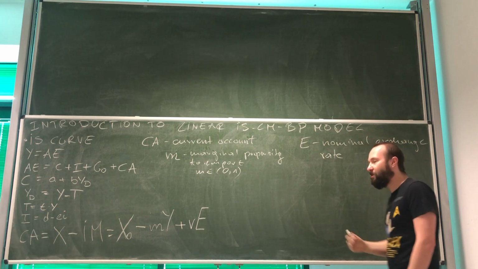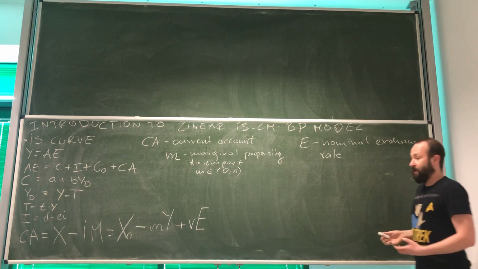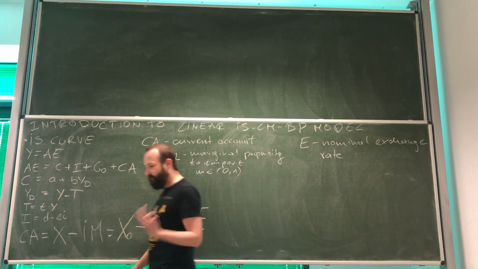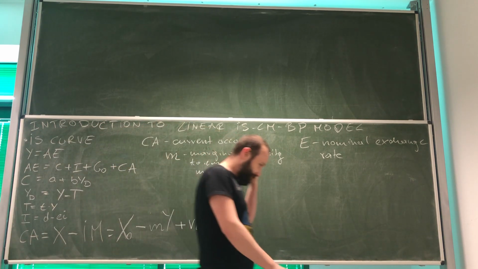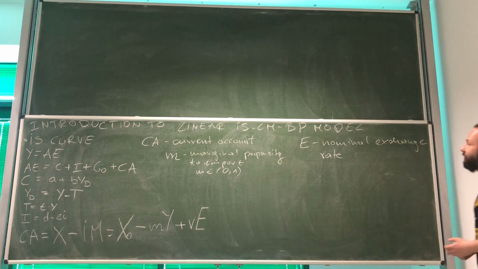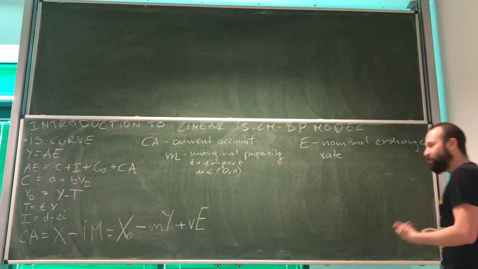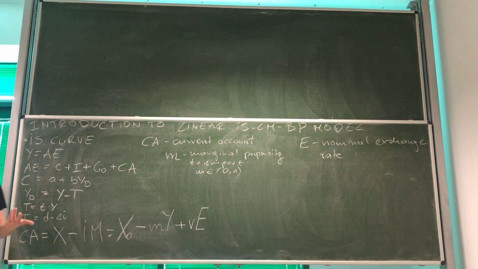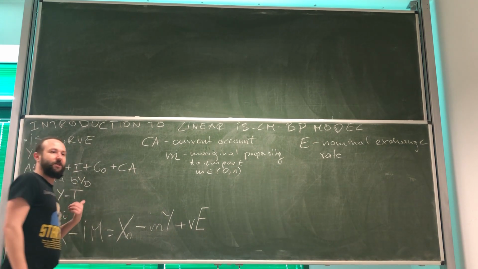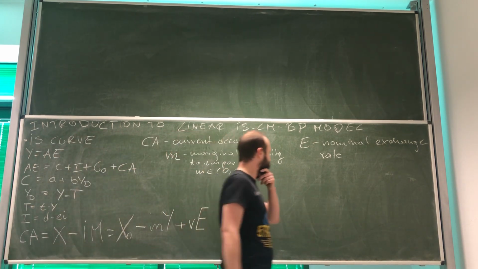And as you can probably guess, the exchange rate plays a fundamental role in determining net exports, because it's actually showing us what is the cost of purchasing foreign goods or selling domestic goods in foreign markets.